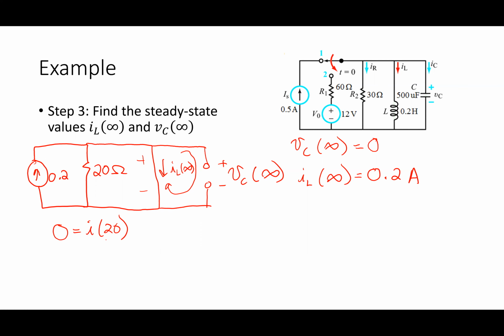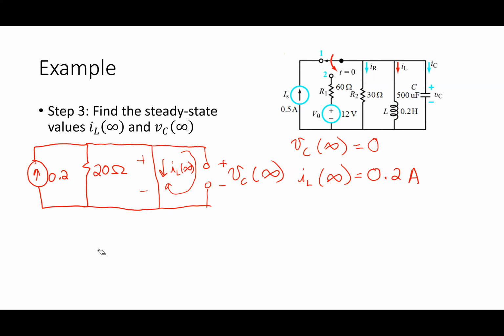There's no way to support a current in something if there's no voltage across it. Plus, everything's connected in parallel, so if the voltage across the short is 0, then the voltage across everything has to be 0. So a lot of different ways that we could say this.